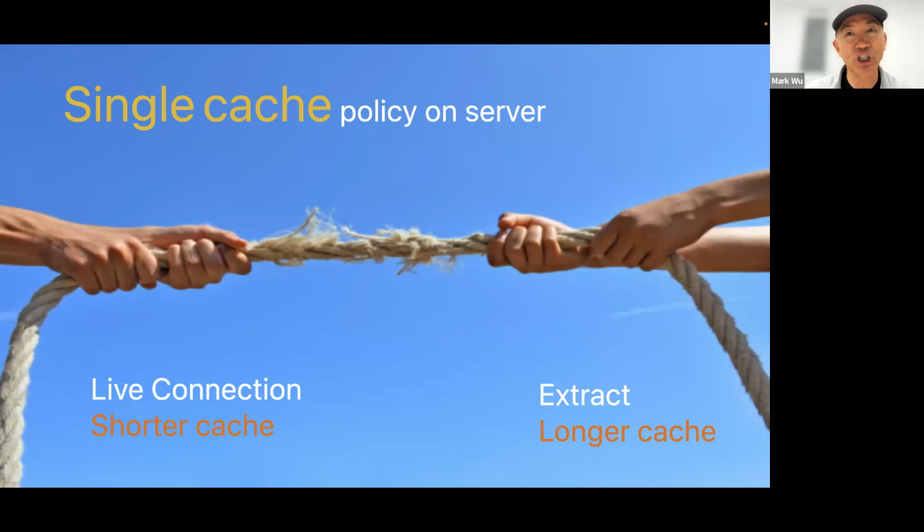That is true for both Tableau Server and Tableau Cloud. For live connection workbooks, they deserve a short cache, whereas for extracts, a longer cache is better. It's always a push and a pull. How to balance those?